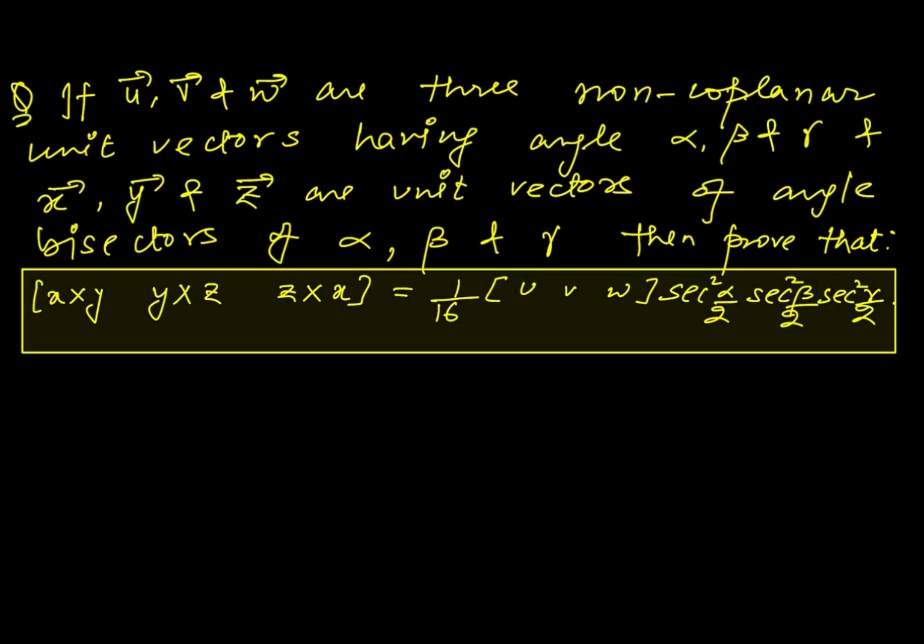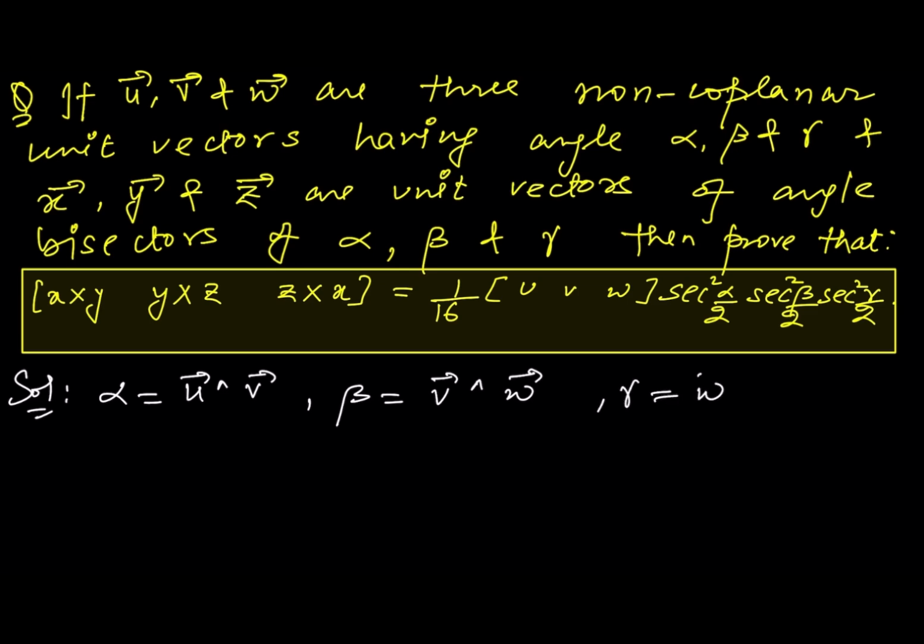Now let's start. So it is given that alpha, beta and gamma are the angles between u, v and w. So this alpha is u vector cap v vector, beta is v vector cap w vector and gamma is w vector cap u vector.